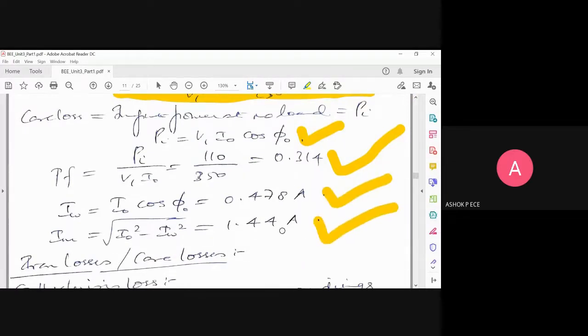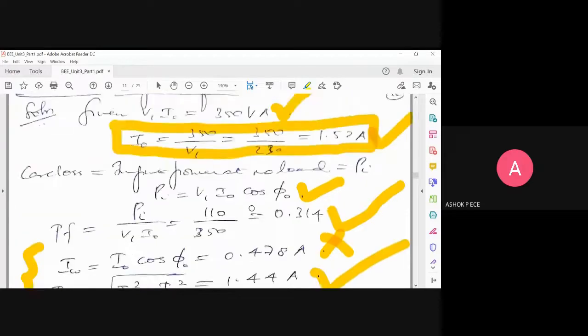Obviously the magnetizing current will be larger because it has to produce the necessary magnetic flux. Core loss current is what we don't require, magnetizing current is what we require. So this IM will be larger and IW must be smaller.